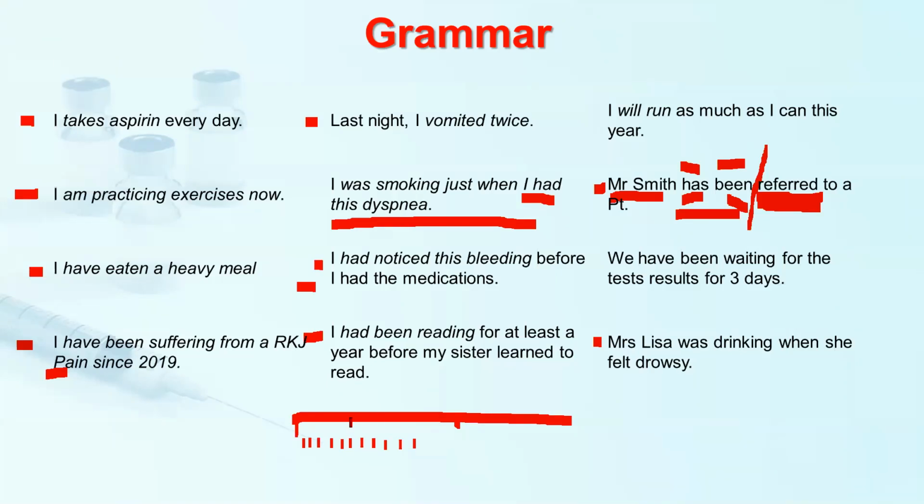My sister learned to read here. The second action cut the first one, but the first one was still continuous and this event interrupted it. But it ended in the past, with a longer duration because it was continuous for a while. Okay.